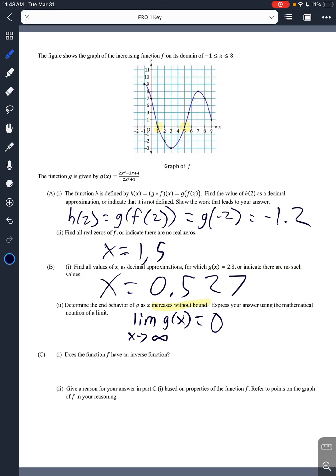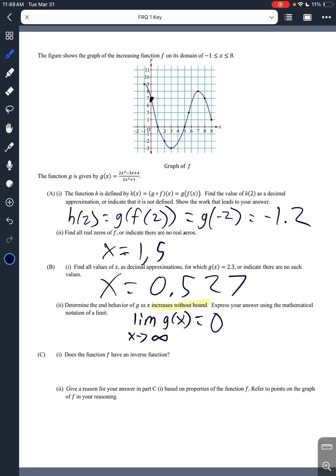C1, does the function f have an inverse function? So when we're looking for an inverse function, or whether a function is invertible, you are looking, does every input have a unique output? So if I pick a point, let's say this one right here, 0, 7.